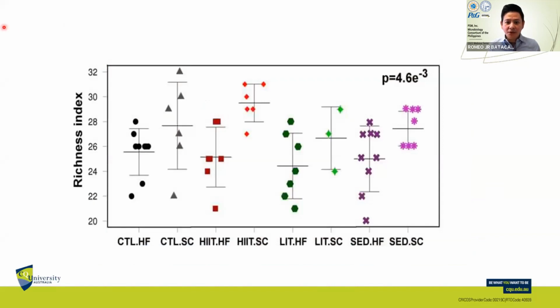So results of the study show that differences in community richness were not significant at an OTU or at genus level. OTU, or operational taxonomic unit, refers to clusters of organisms grouped by DNA sequence similarity. But richness index was significantly different at a family level between diet treatment groups.